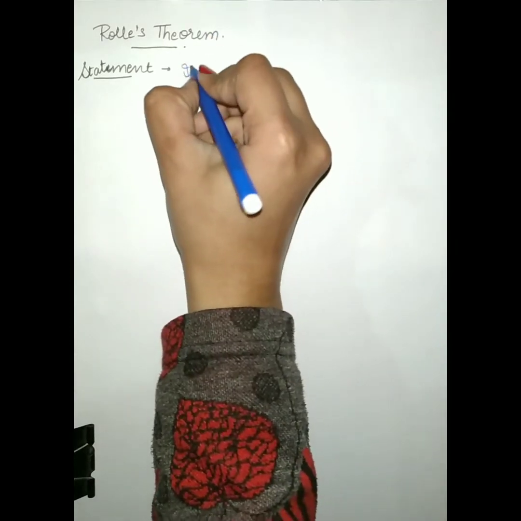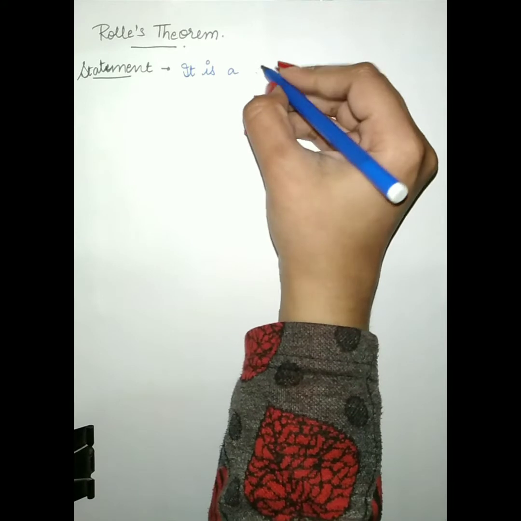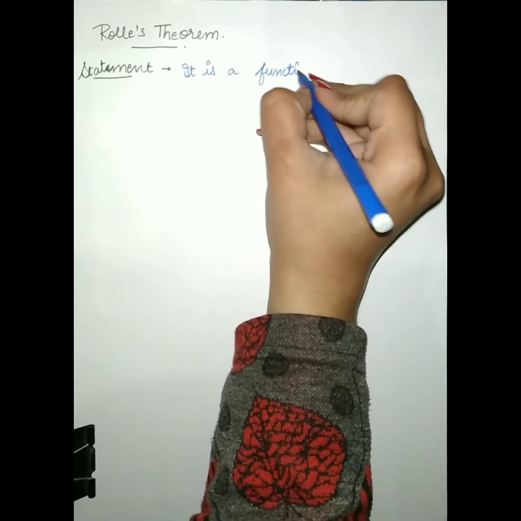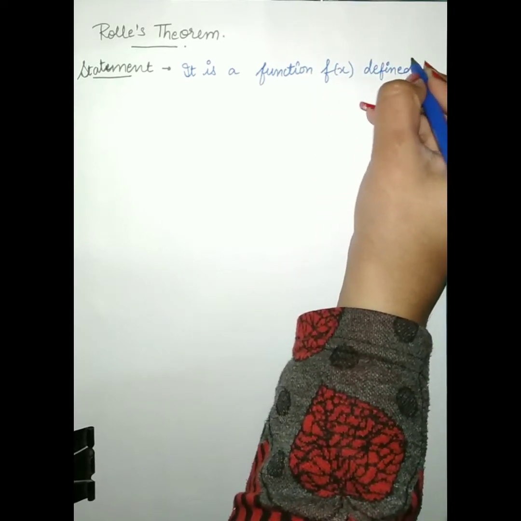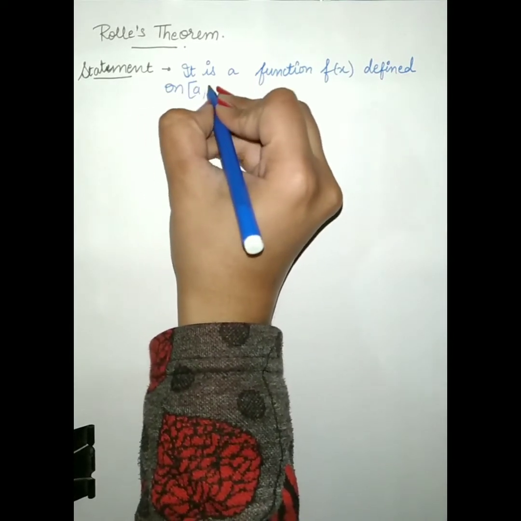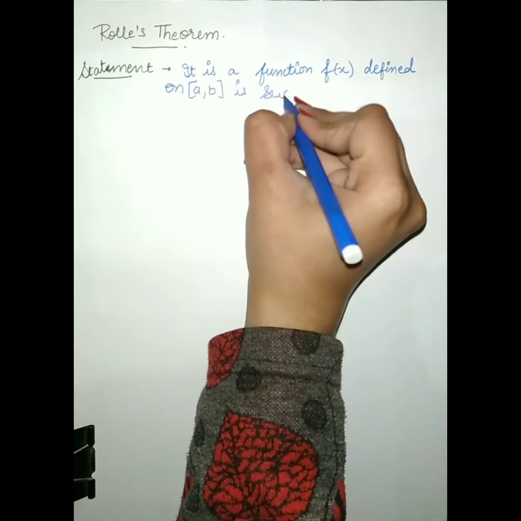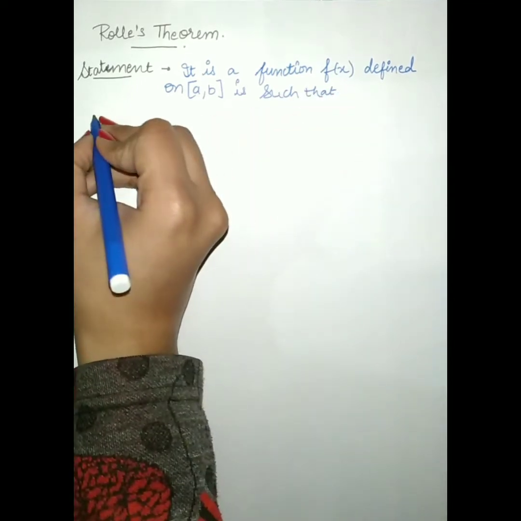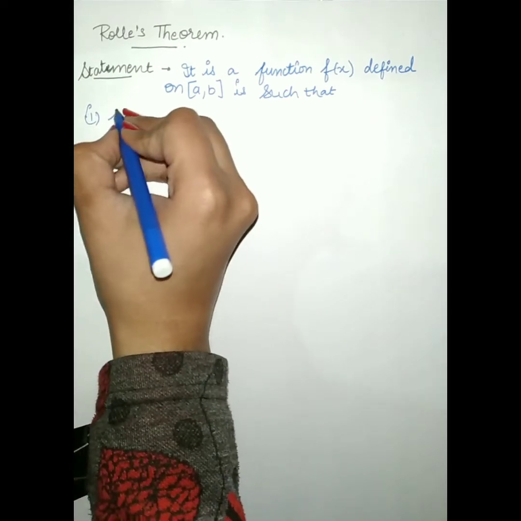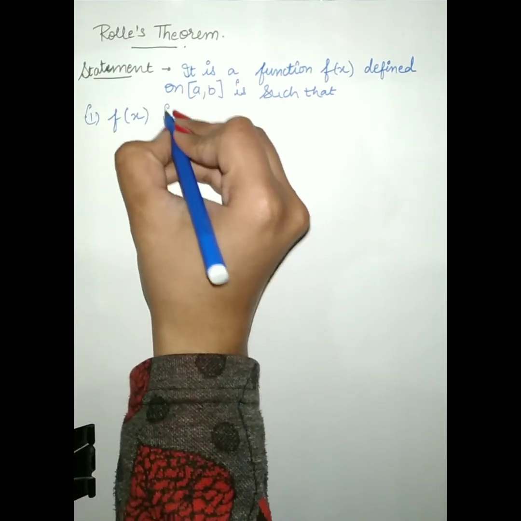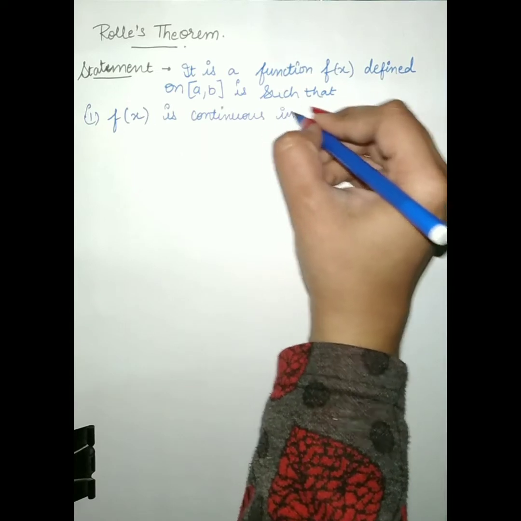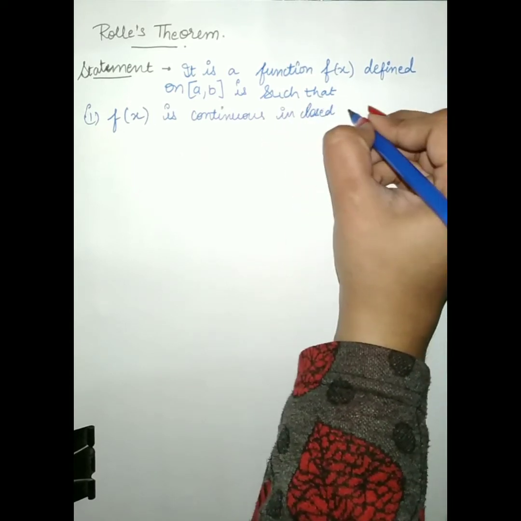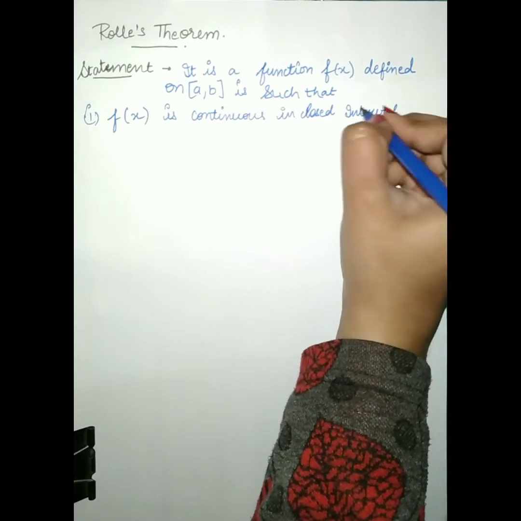It is a function f of x defined on AB such that, firstly, for proving the Rolle's theorem, we will have to prove that f of x is continuous in closed interval AB.